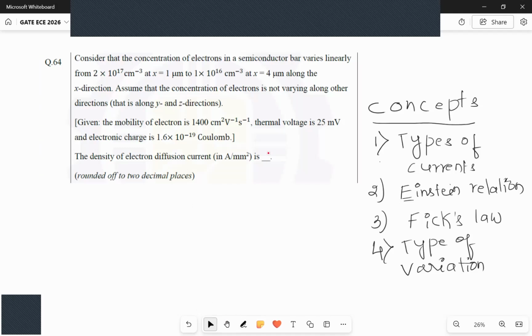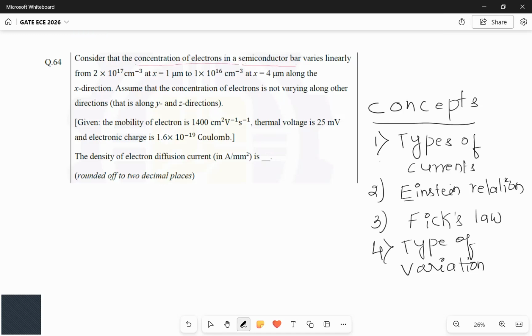So what they are telling is the concentration of electrons in a semiconductor bar varies linearly. Please note down this point.